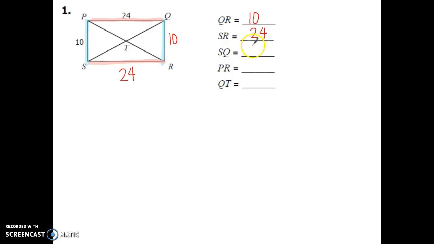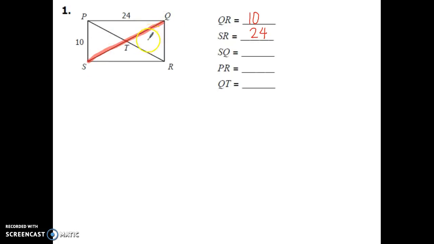And then we have SQ. So I'm going to erase what I just drew so we can see this a little bit better. We are looking for SQ, so we are looking for this diagonal. And so we don't have any numbers for either of these diagonals, so it seems pretty impossible for us to find the length of that.